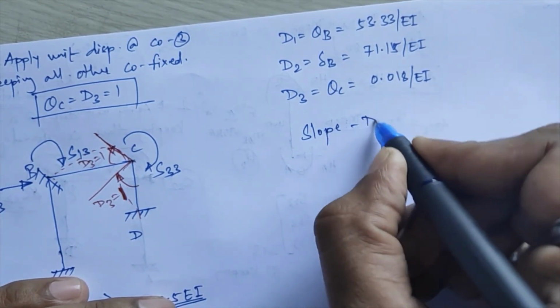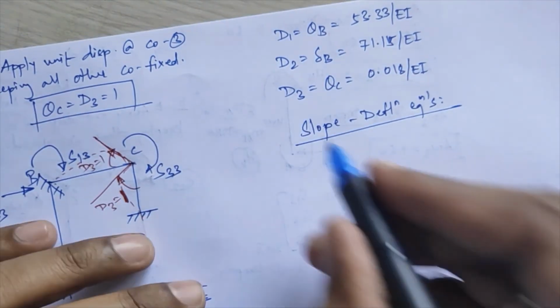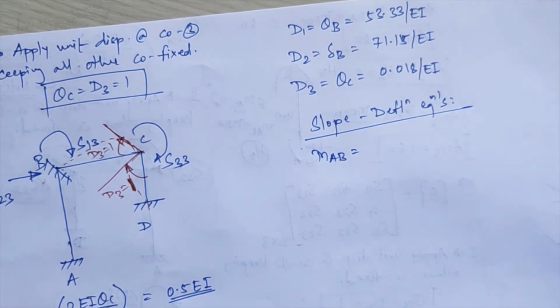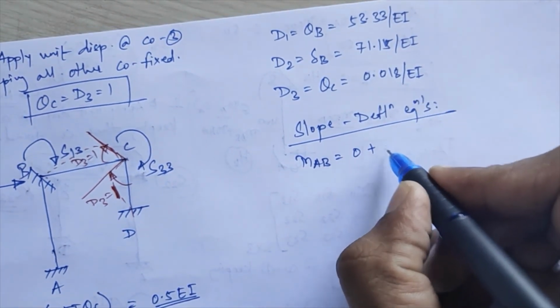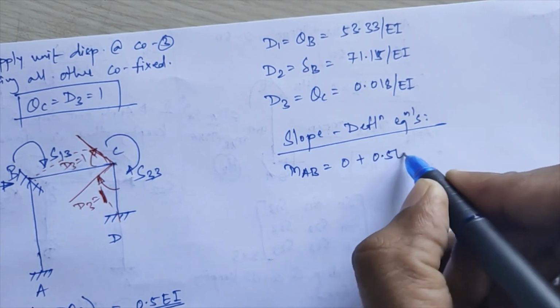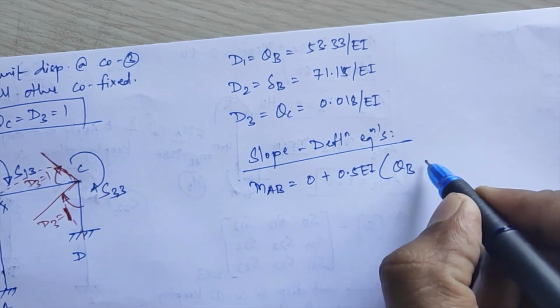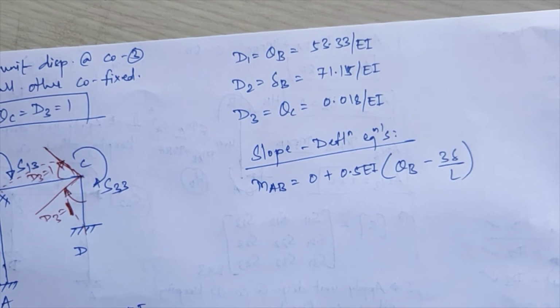So the next step is the slope deflection equations, for the first member AB. MAB is equal to MF AB, that is 0, plus 2EI upon L, so 2 divided by 4, that becomes 0.5 EI, into bracket theta A is 0, so what will remain is theta B minus 3 delta upon L. This is one basic change in sway frames: you have to consider the delta in your slope deflection equations.